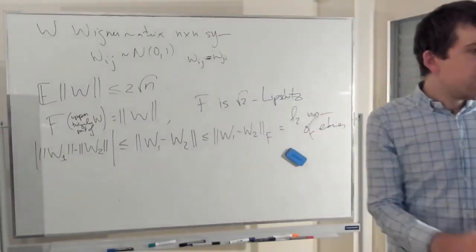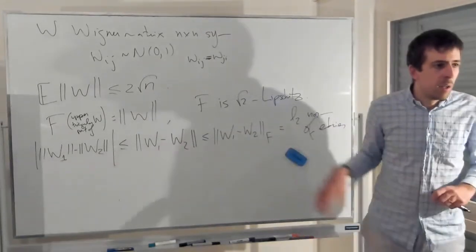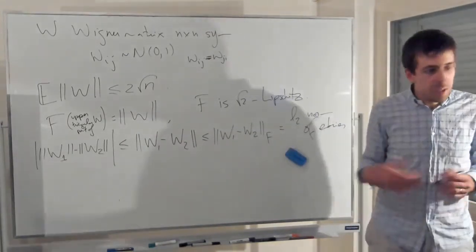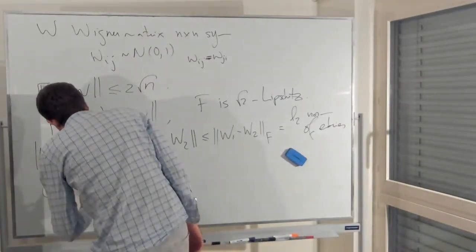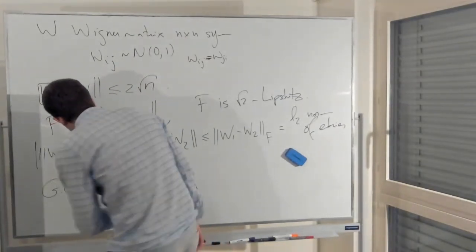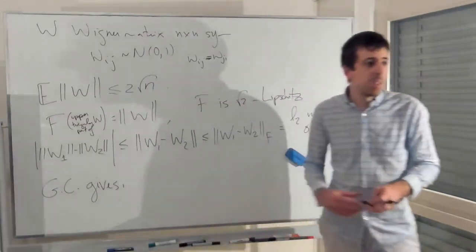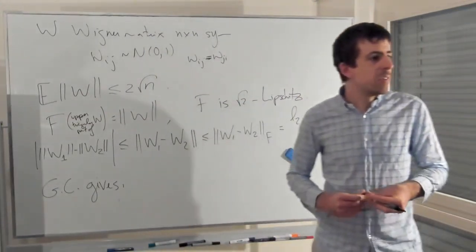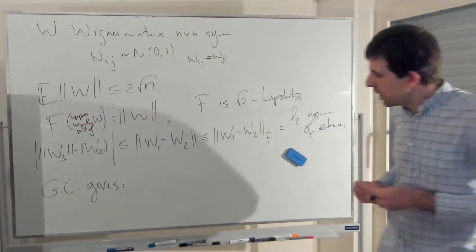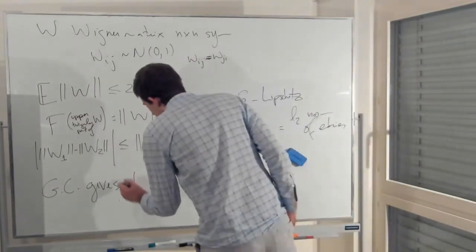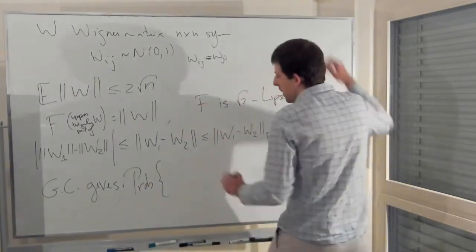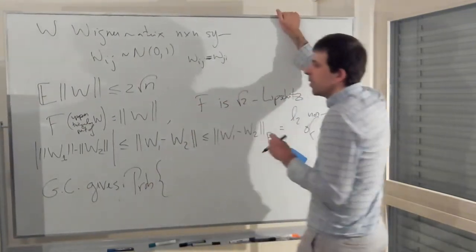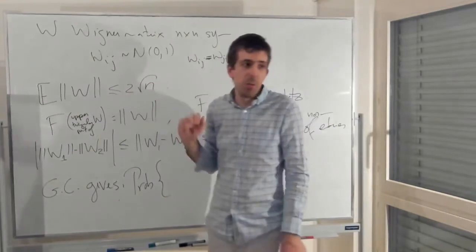Okay, so if we have that f is square root of 2 Lipschitz, then Gaussian concentration gives something immediately.